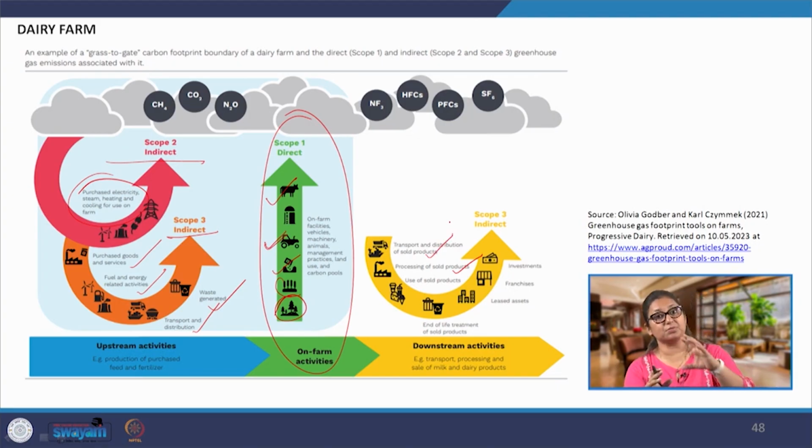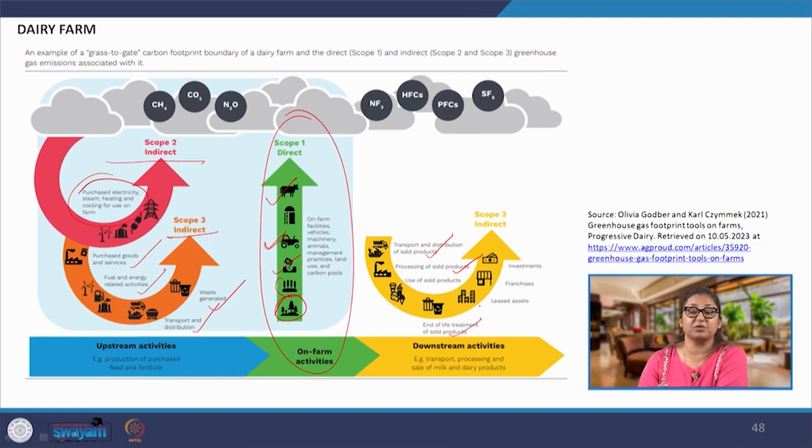So, the farm is processing and then selling the products. The selling of the products, the transportation, the fuel that is consumed and the emissions resulting from that go in scope 3 indirect emissions again, but downstream activities.